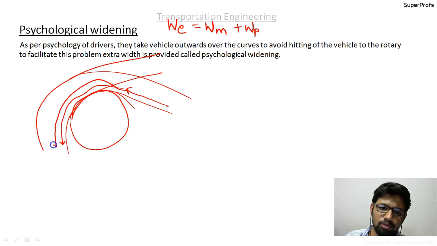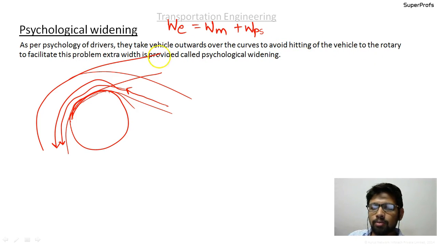Slightly outside they'll go, to be safe enough to ensure that the vehicle is not hitting the rotary. Okay, so it is the psychology of human beings. As per the psychology of drivers, they take the vehicle outwards over the curves to avoid hitting the rotary.